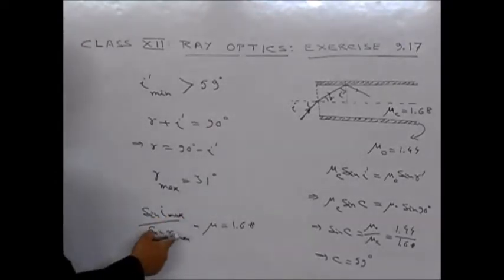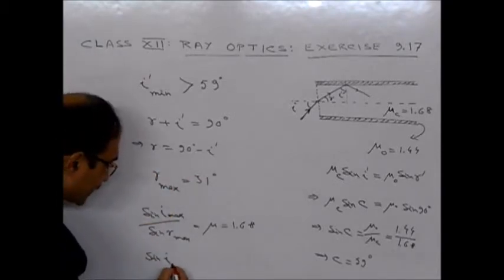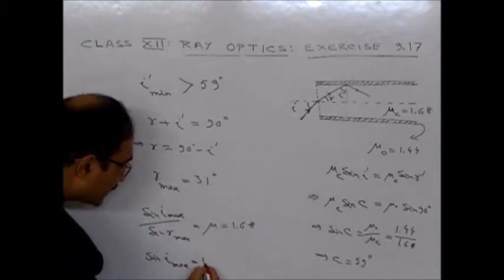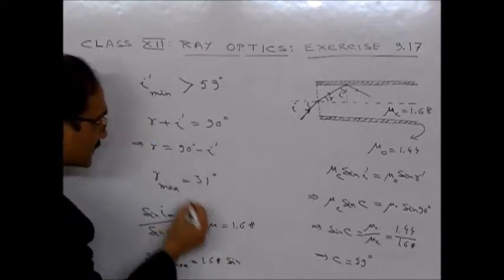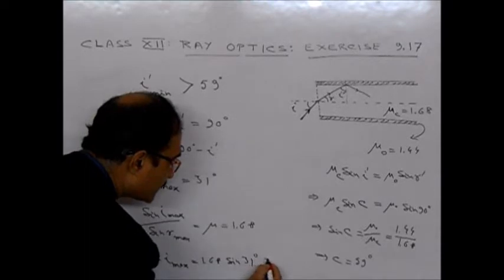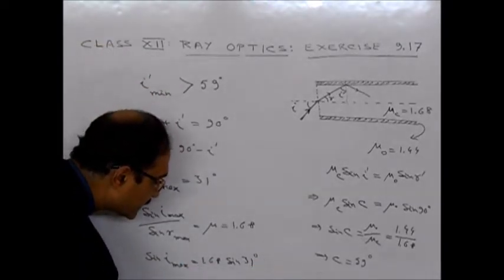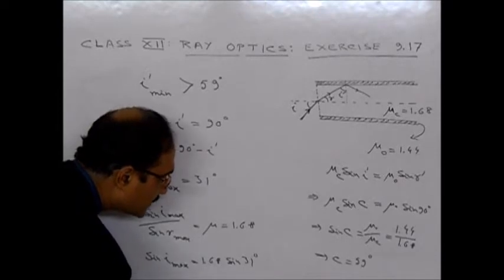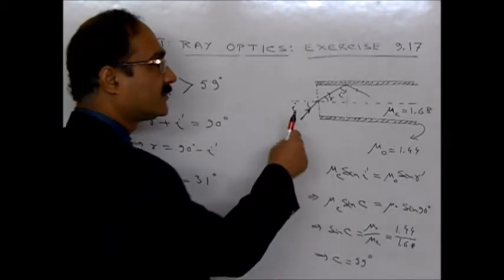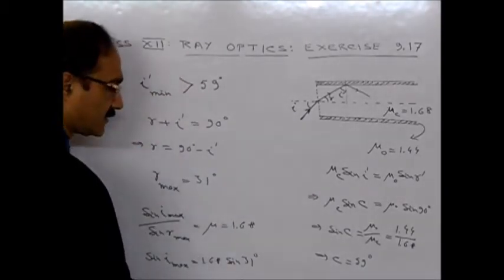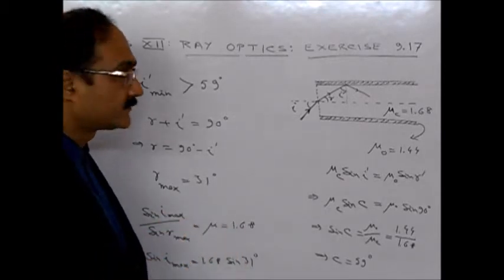So sine of I max will be 1.68 into sine of 31 degrees. When we calculate it, we'll see that I max will come out to be 60 degrees. That means the angle of incidence here can be 60 degrees at the most.